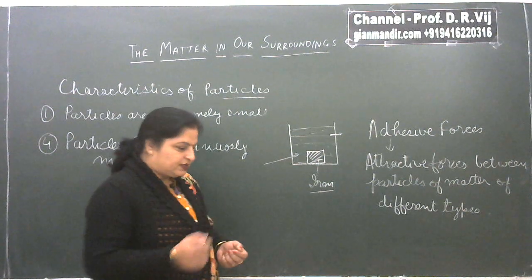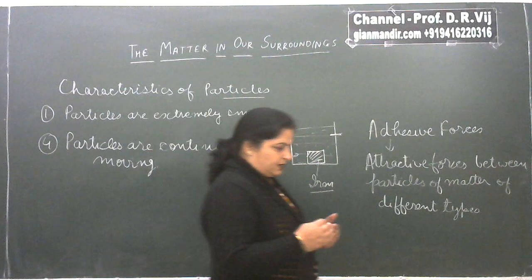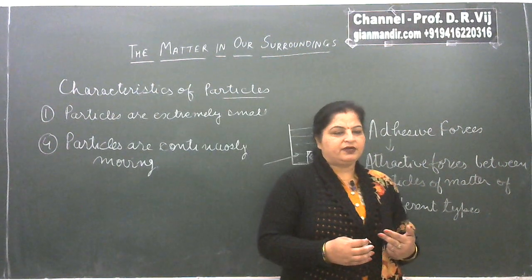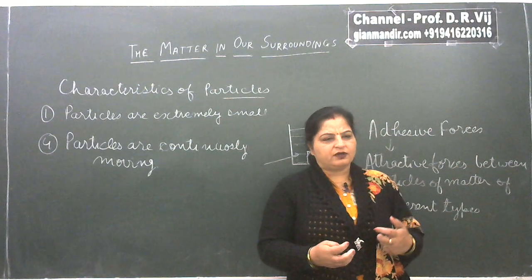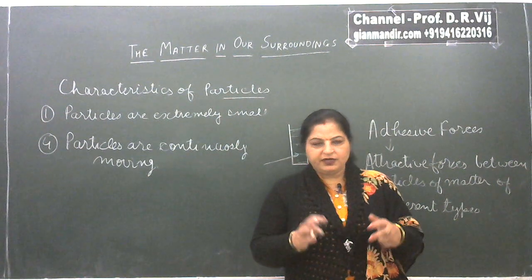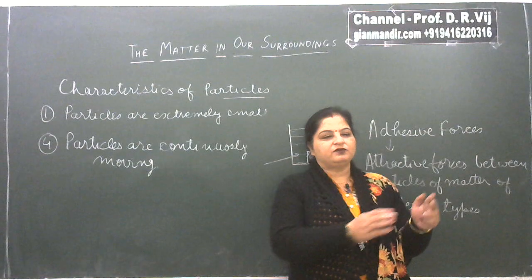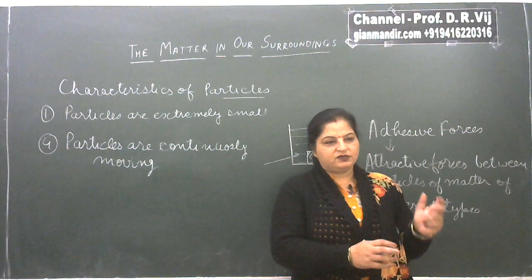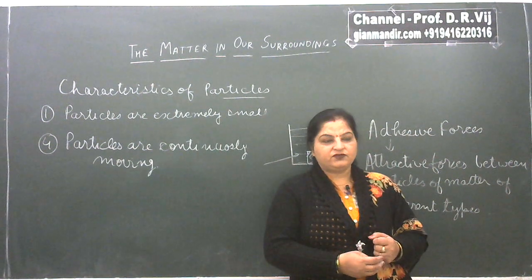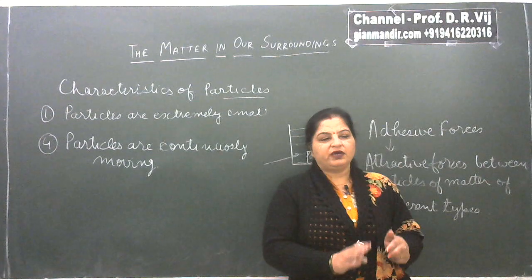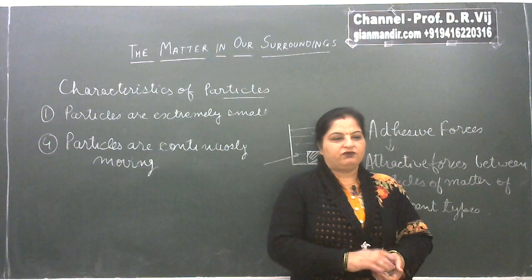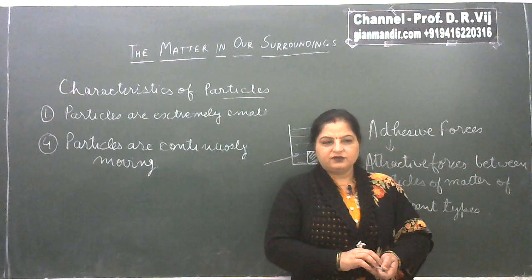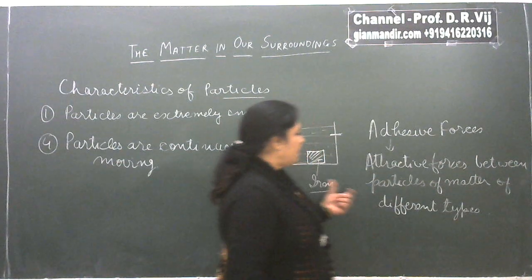Why? Because the cohesive forces between mercury particles are so strong that it is unable to develop any adhesive force with the surface of glass. That's why mercury does not give you any wetting effect with glass or any other surface, right?